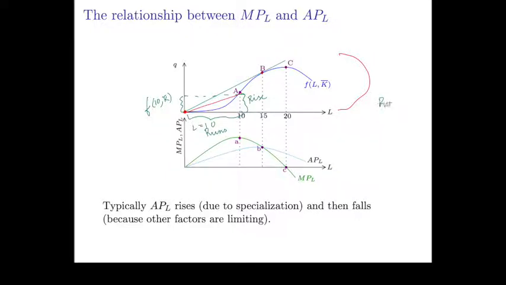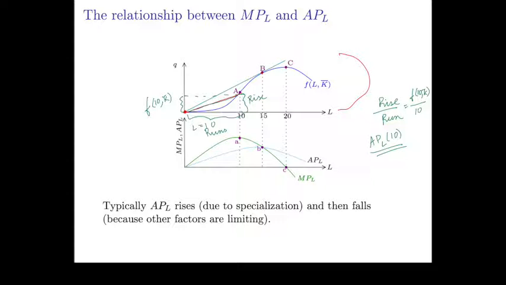So rise over run is the slope of a line. So if we divide f of 10, k bar by 10, that's just the average product of labor when labor is 10. So the slope of this line is the average product of labor when labor is equal to 10.